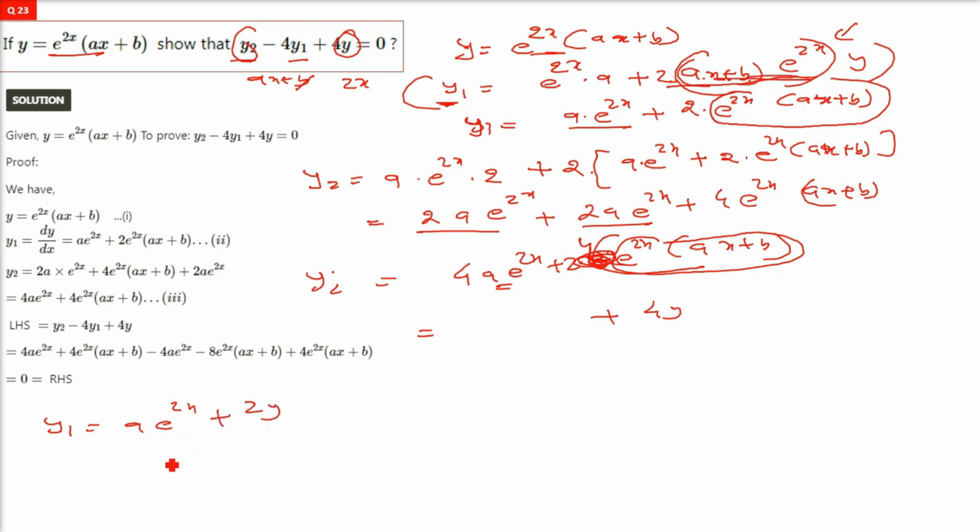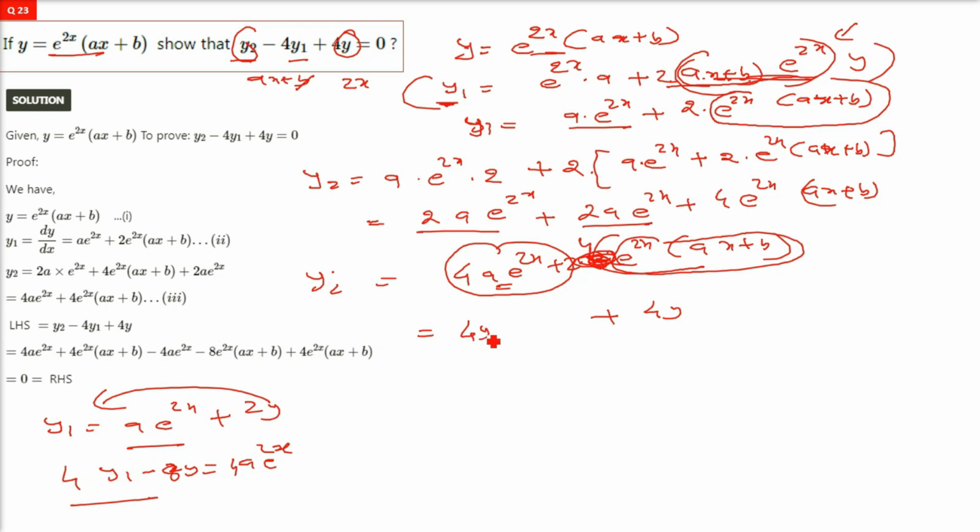So a e to the power 2x can always be written as y1 minus 2y. Then we have 4 into a e raised to 2x, that is 4 into whatever is on the left-hand side from this equation, so it will be 4y1 minus 8y. So y2 will be equal to 4y1, which we already have, minus 8y plus 4y, which is minus 4y. So 4y1 minus 4y we got.